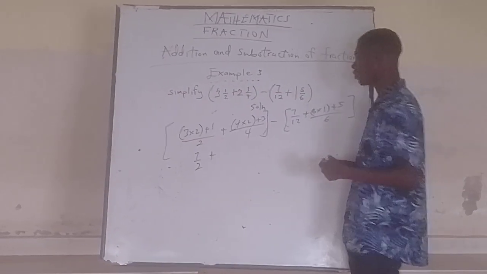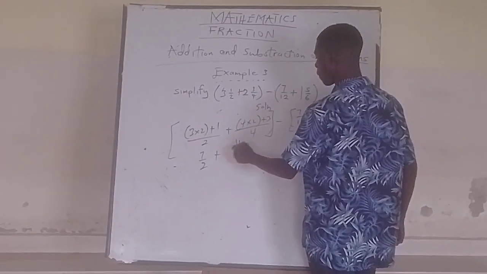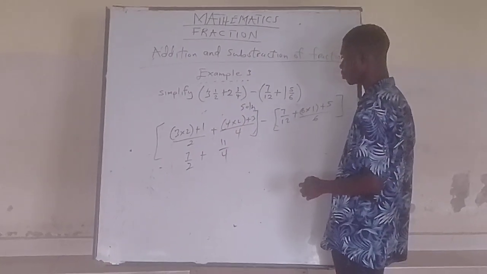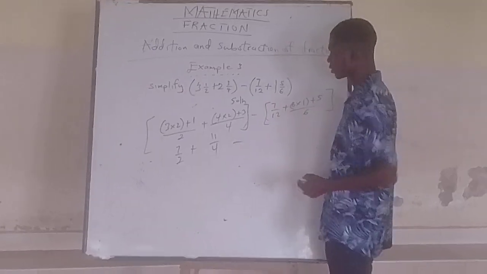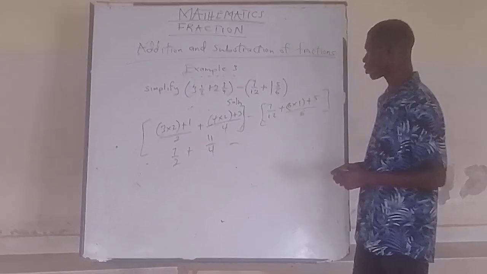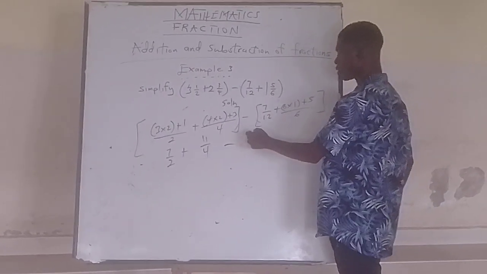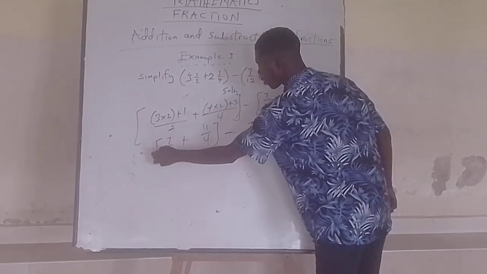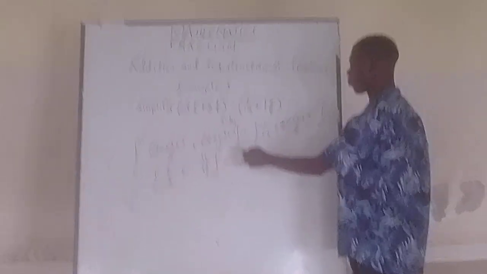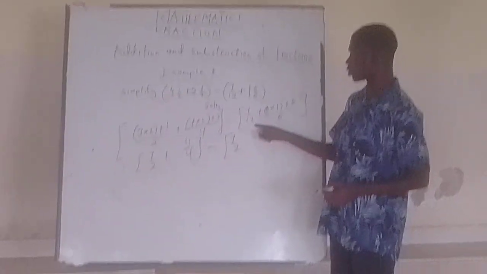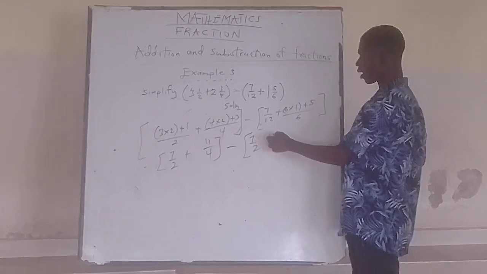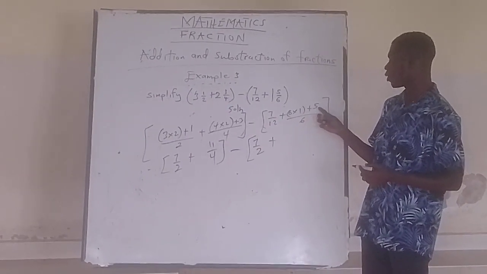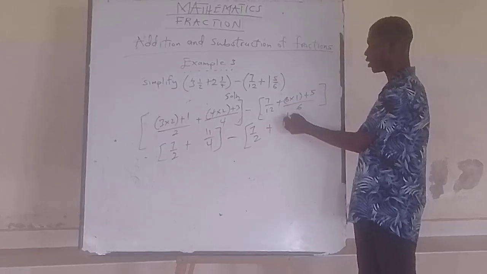So 11 over 4, minus 7 over 12, which is already there, plus 6 times 1 is 6, plus 5 gets 11. So 11 over 6.